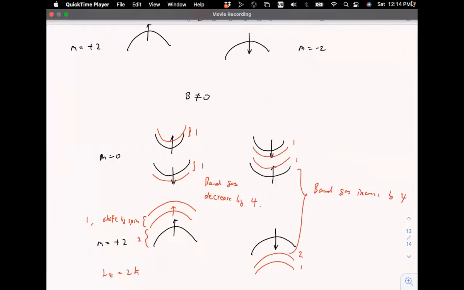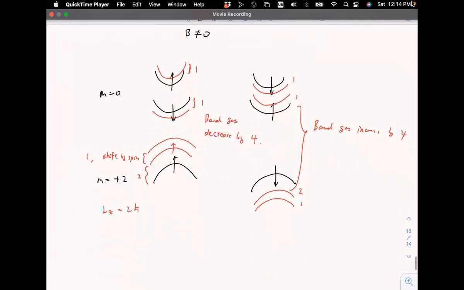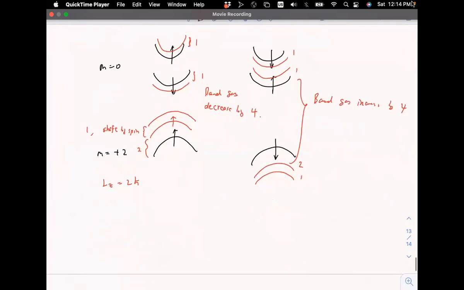So what is the g factor for the exciton? So we define the exciton. Now here, let's say this is the band gap of K valley. This is the energy of the dark exciton, the dark exciton at K valley.